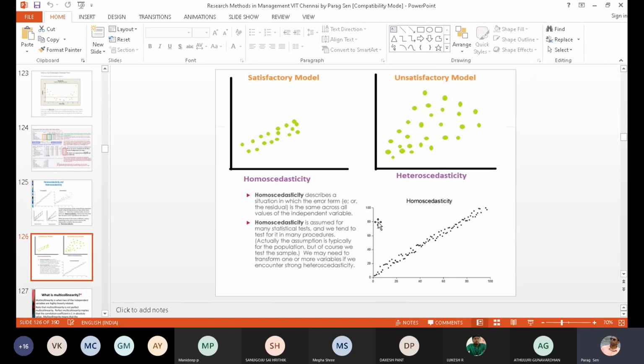Homoscedasticity is assumed for many statistical tests, and we tend to test for it in many procedures.